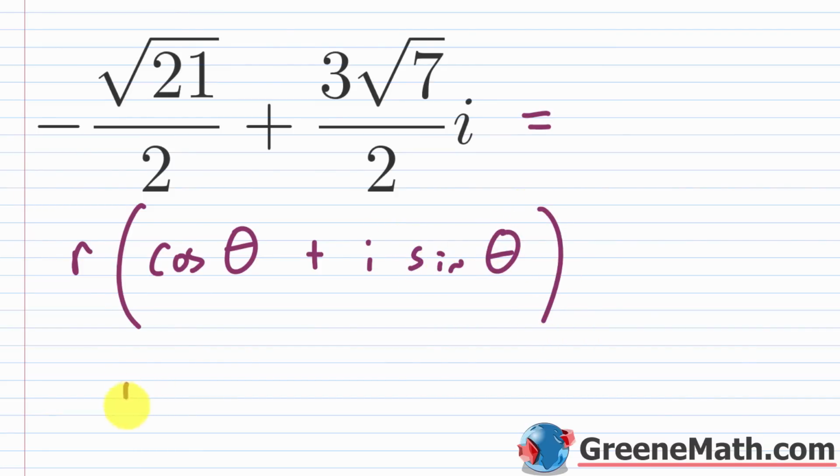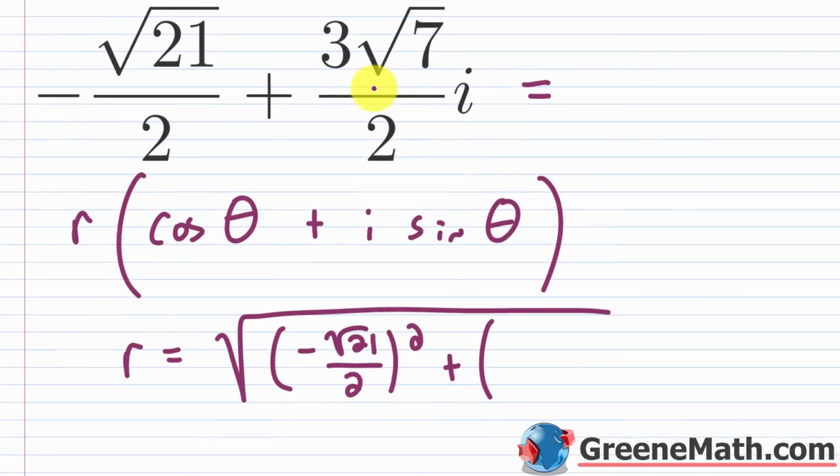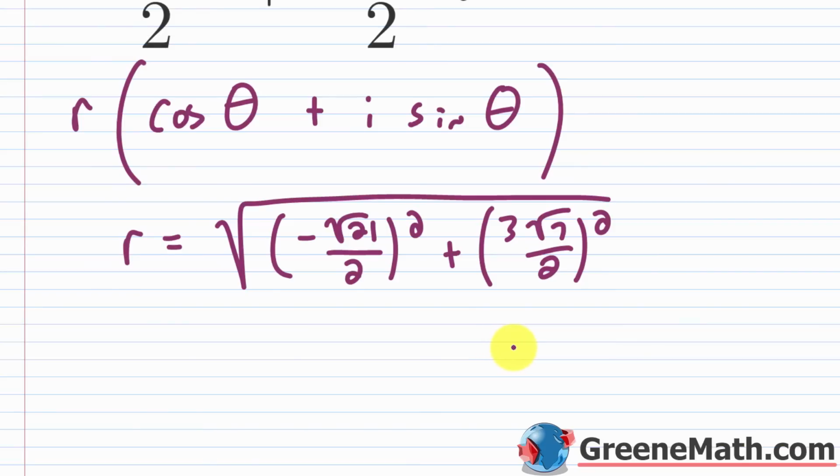For R, it's the square root of the real part squared, so negative square root of 21 over 2 squared, plus the imaginary part, 3 times square root of 7 over 2, squared. For the first, the negative goes away, square root of 21 squared is 21, and 2 squared is 4, so this becomes 21 over 4.